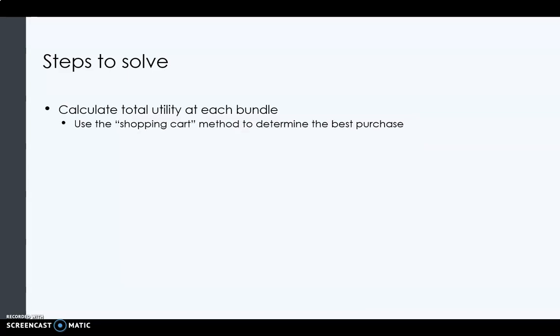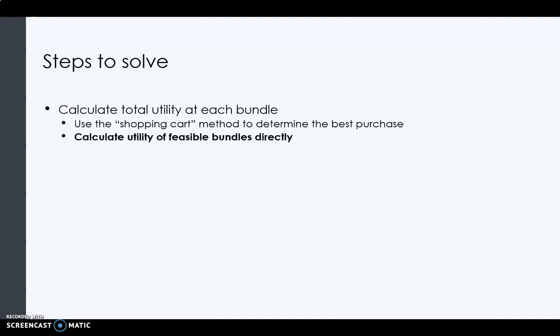One method that we already used in another video is the shopping cart method. That's where we figure out what the optimal bundle is by buying whatever gives us the best bang for our buck. A second method is to directly calculate the utility of all of our feasible bundles and pick the best one. That's what we're going to do here.